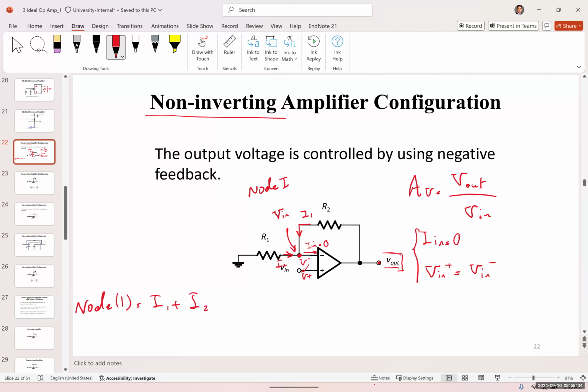I1 plus I2 is equal to IN. Do you all agree? Yes, according to Kirchhoff's current law. I1 plus I2 is equal to IN. And therefore, I1 plus I2 is equal to, what is IN? It's 0. Now, what is I1 equal to?